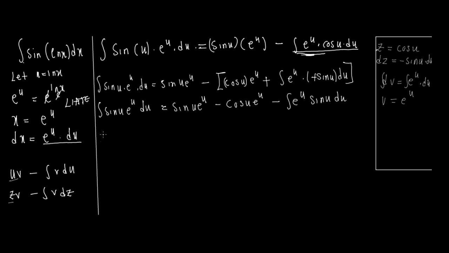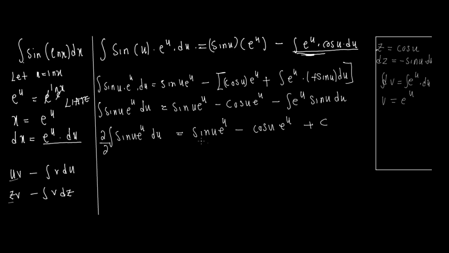So we'll have 2 times the integral of sine u e to the u du, which is equal to sine u e to the u minus cosine of u e to the u plus c. So all we need to do is to divide everything by 2.